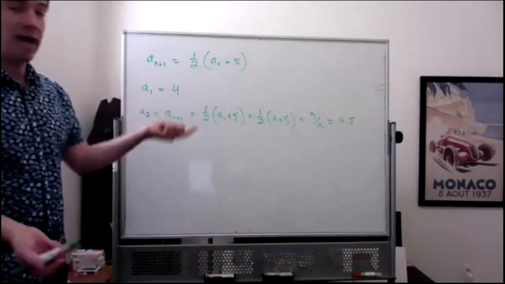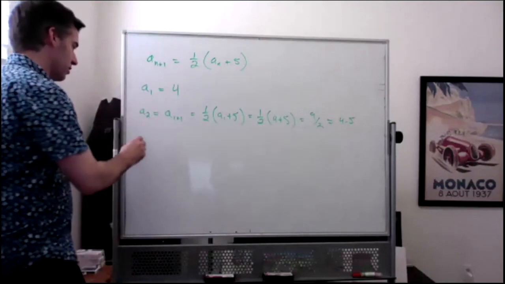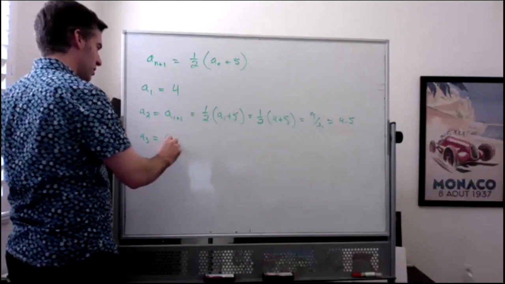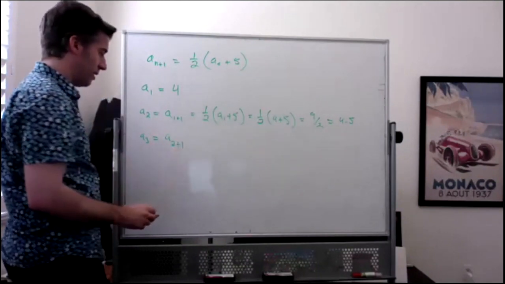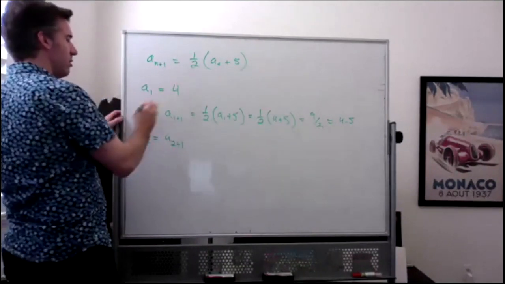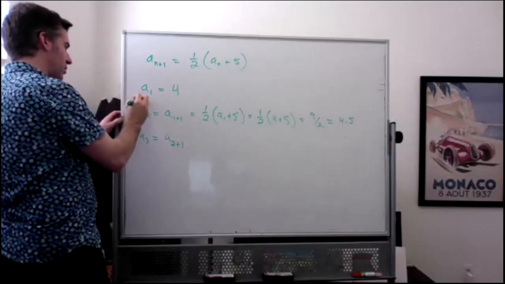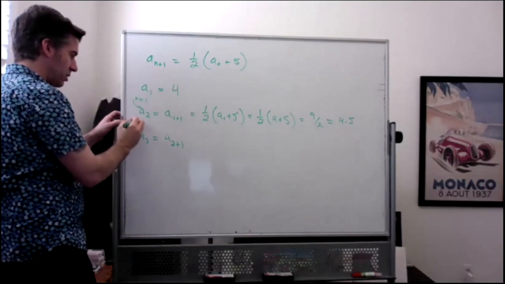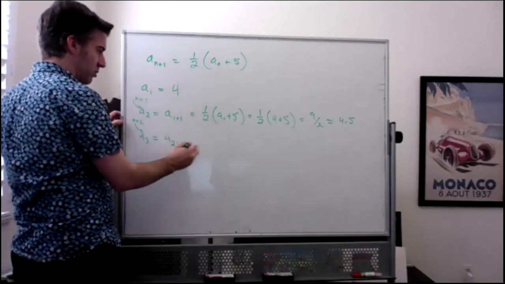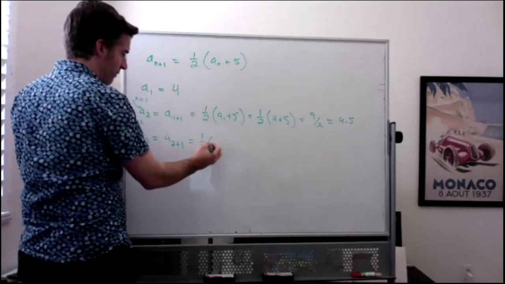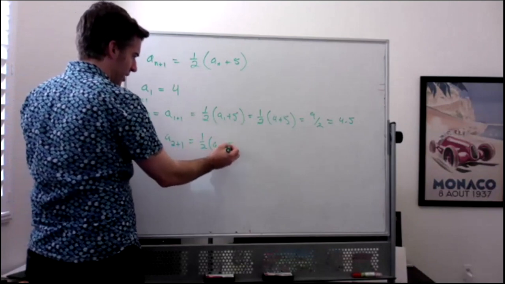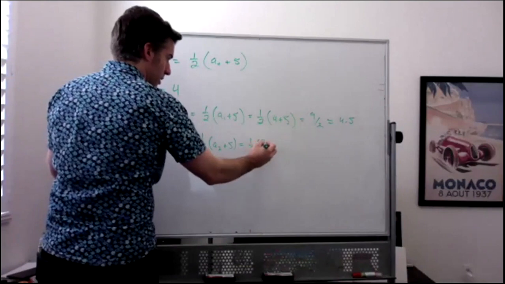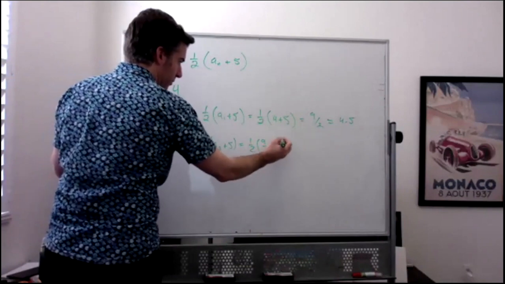Okay, and then we're going to use that to find the next term. So the third term of the sequence: here n equals 1, so I'm finding a sub 1 plus 1. Here n equals 2, I'm finding a sub 2 plus 1, which is 1/2 of a sub 2 plus 5, which is 1/2 of 9/2 plus 5.